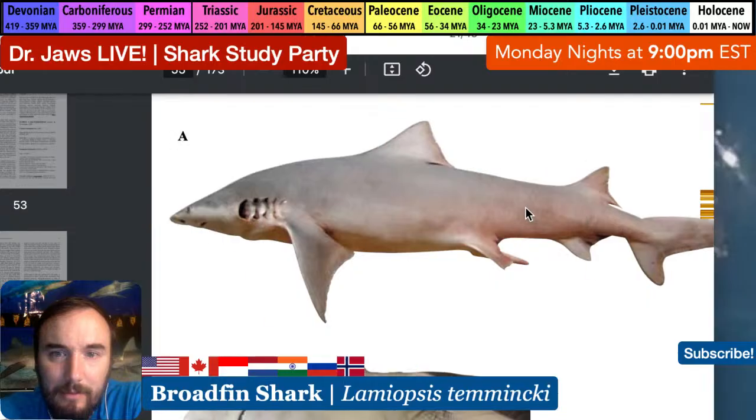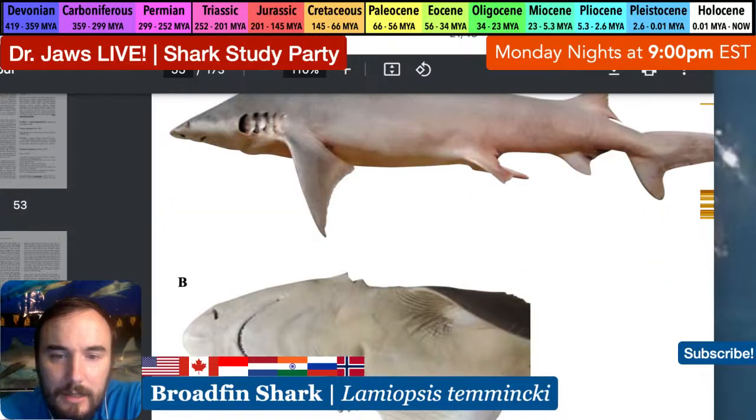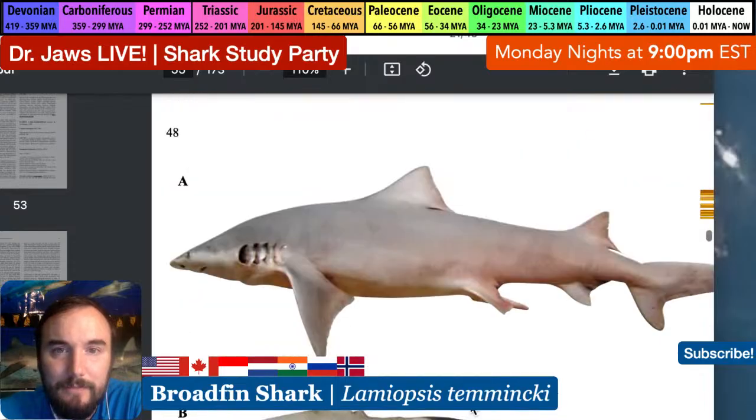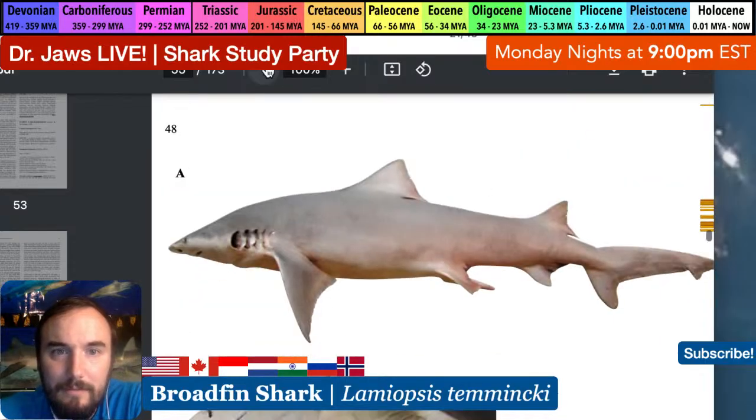Caudal fin seems to be the same proportions. Same with the dorsal fin. You can see very clearly the clasper, so this is a male individual. Maybe, if anything, the proportions of the pectoral fin do look a little bit different from the Broadfin shark. These look a little bit more pointed, but hard to tell.